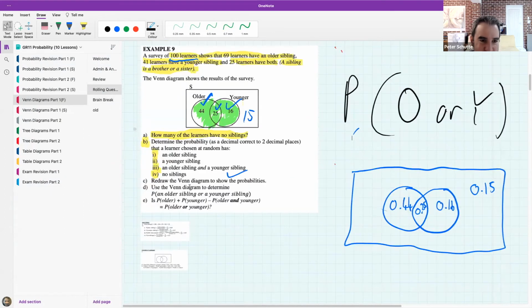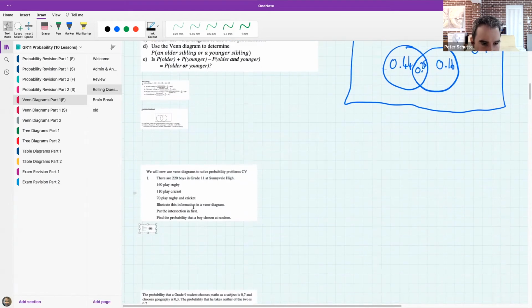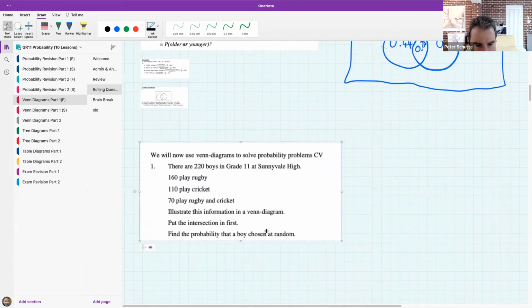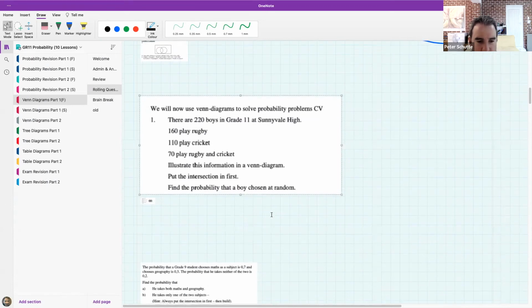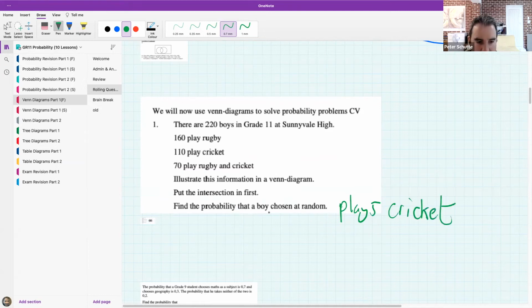Okay, now let's do this one. Let me put that away for a moment. So here is the question. Let's do this. Find the probability that a boy chosen at random plays cricket.